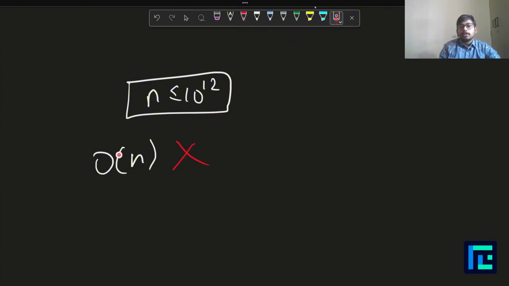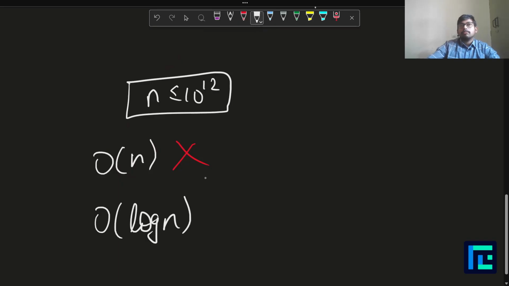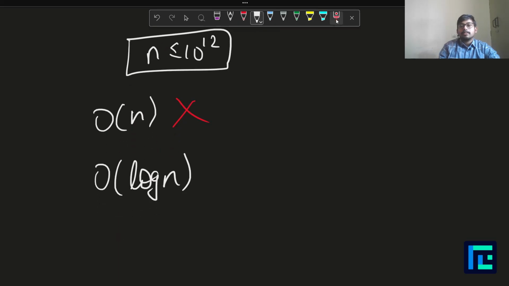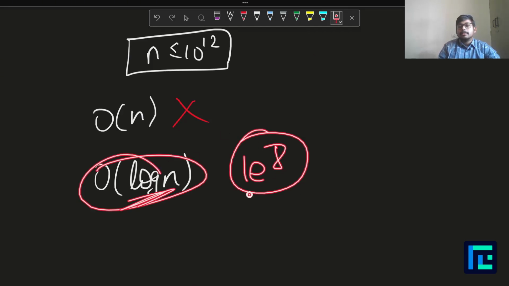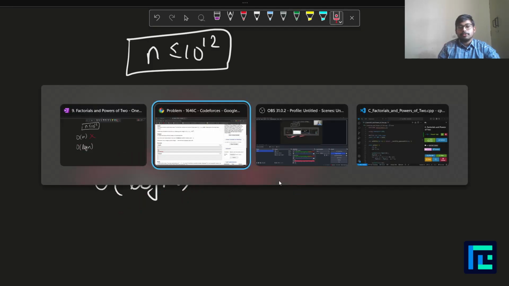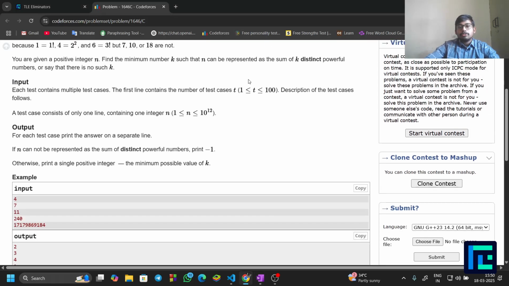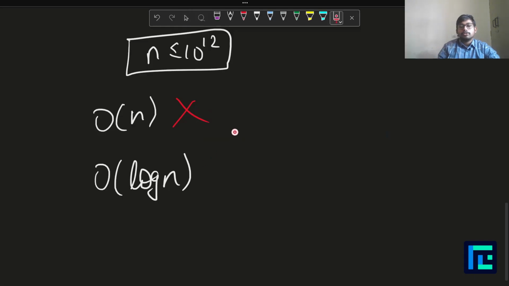So we need to do something better than order n, which can be something like order log n, or some other time complexity which would not exceed 10 to the power 8. We also have 100 test cases, so for each test case we need to do it in 1e6 at max.